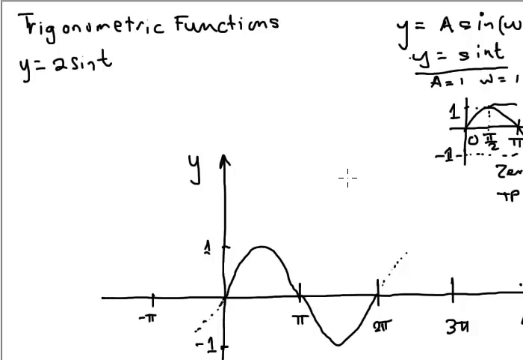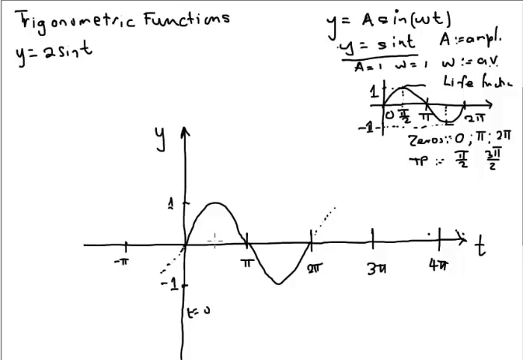Is that clear to everyone? But what's going to change? When you get to this value, for example half pi, the function is supposed to be 1, but instead of being 1, that 1 is going to be multiplied by 2. So now the curve, instead of turning at this level, is going to turn at that level.